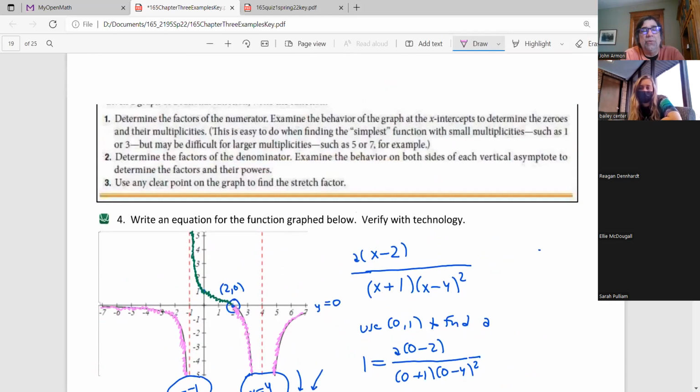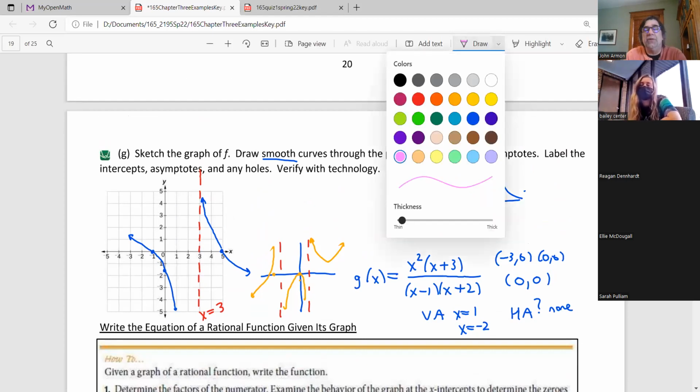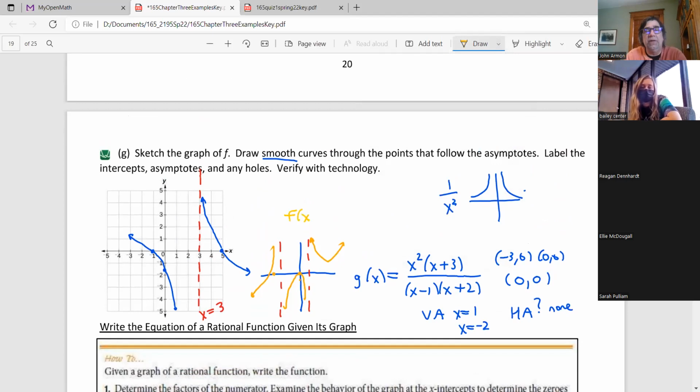So if we go back to this one right here, try not to do too much with this problem, but if I were to say, where is this function greater than or equal to 0, would you stay to the left of -3? No. Would you stay between -3 and -2?